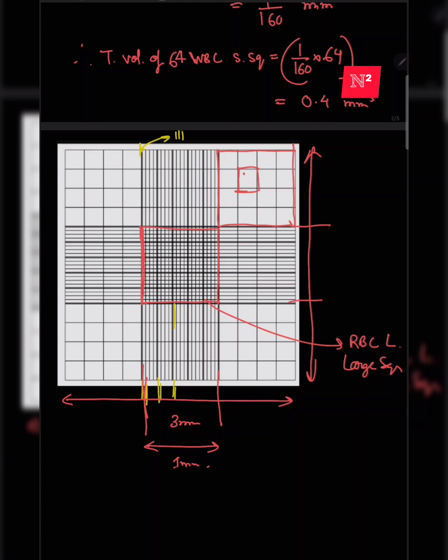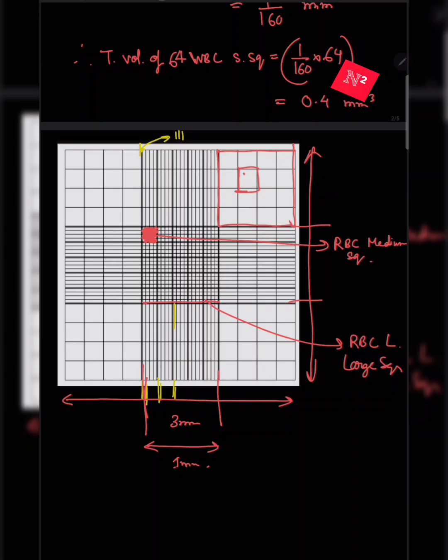Now there are triple lines. I told you the triple lines are intersecting. Because of the intersection, the large square is divided into squares which are of medium size. So this is called the RBC medium square.